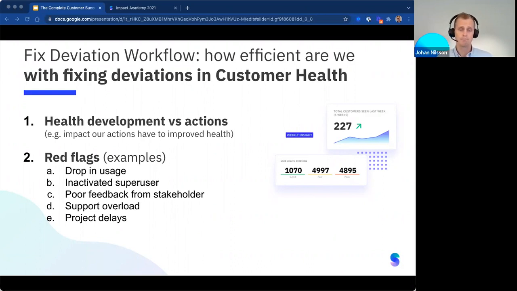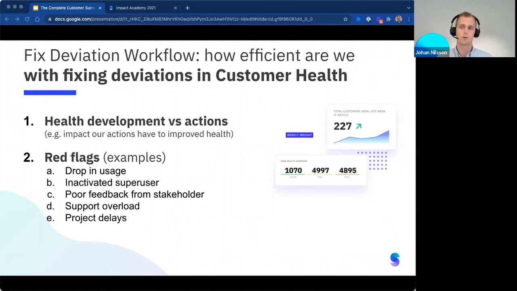If we have a good customer health, then we can start looking at health development versus our actions. Think of this. If we can see health development and we can see our own actions, and our own actions can be everything from our meetings, our training, our calls, our support, our guides, or everything we do, and we map them to the health development, we can actually see which actions drive health development.